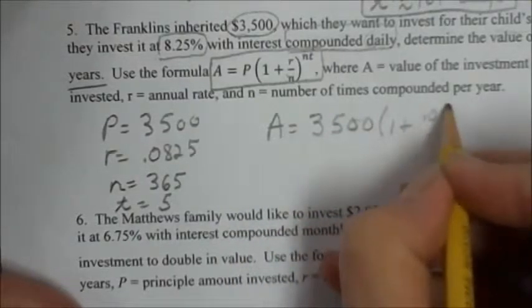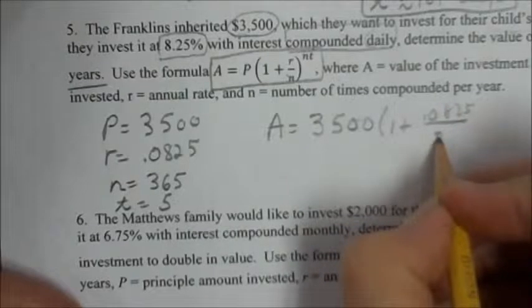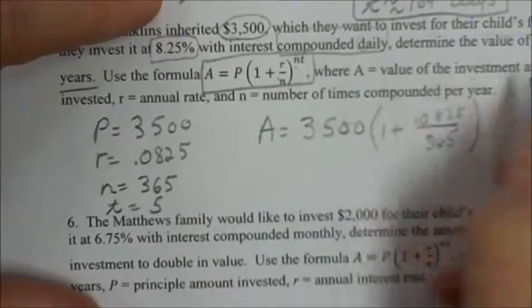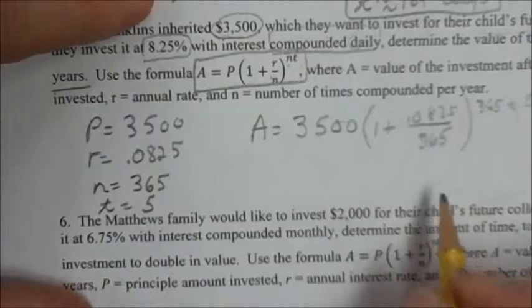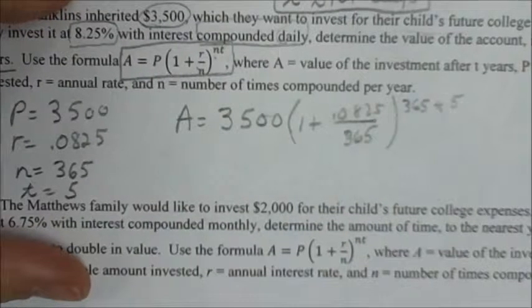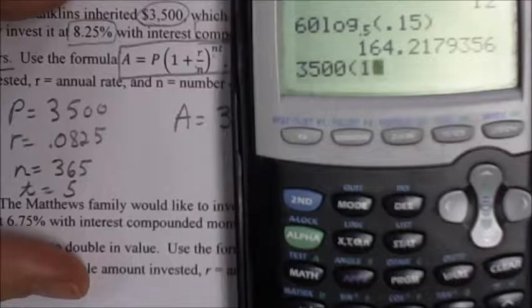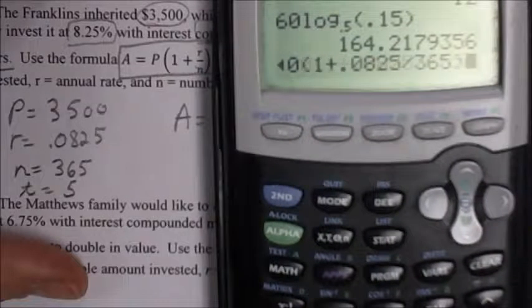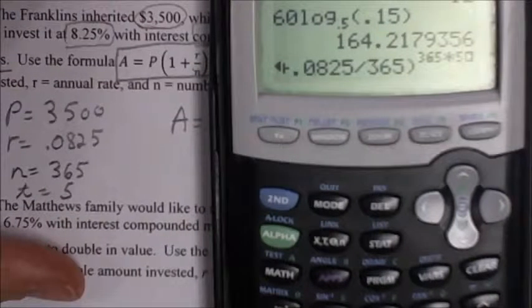1 plus 0.0825 over 365, all raised up to the NT. 365 times t is 5. So we're going to just put that all in our calculator. 3,500 times 1 plus 0.0825 divided by 365 to the power of 365 times 5 years.